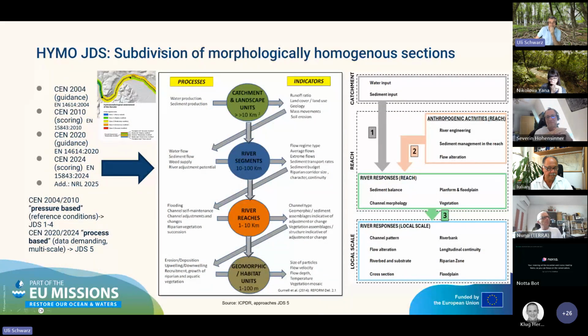And now at the end, talking about what is more technical. When we talk about the subdivision of morphologically homogeneous sections, this is very closely connected to hydromorphological standards, to methodologies on how to assess hydromorphology.